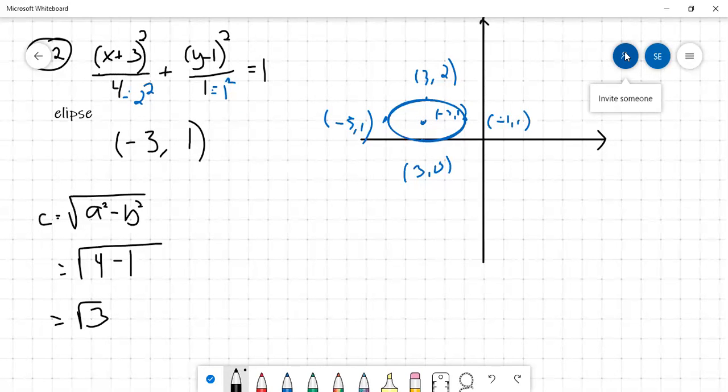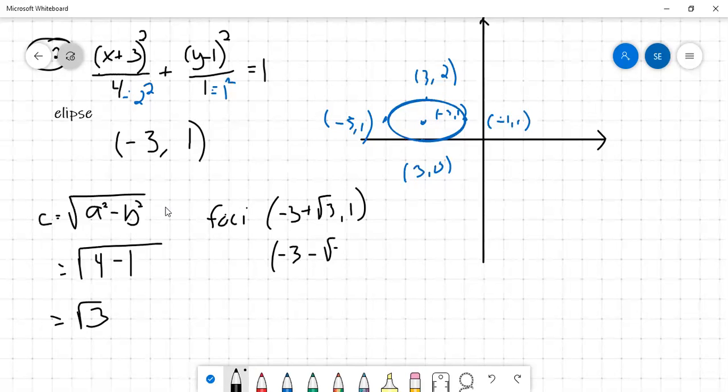We add and subtract that because our major axis is along our x, since the number under our x is bigger. So we add and subtract this from the x value of our center. Our foci are at (-3 plus the square root of 3, 1) and (-3 minus the square root of 3, 1).